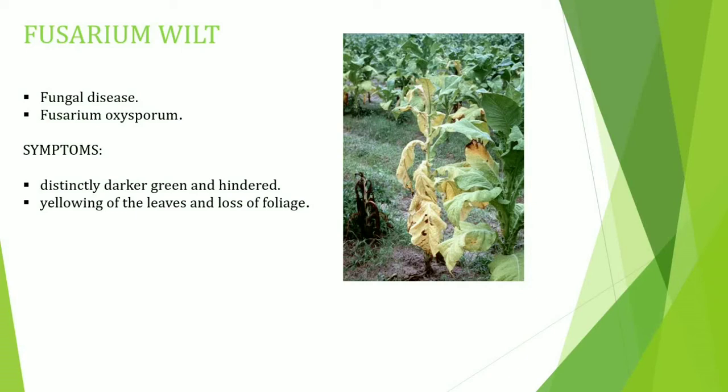The plants first get a distinctly darker green color and later turn yellow, and the loss of foliage is observed. At first, it shows up on the lower leaves around the season, and then leaf edges shrink and turn yellow initially, followed by brown, with inward movement on the leaves.